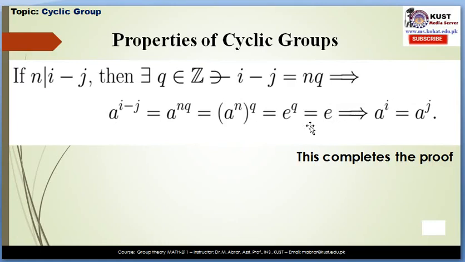Starting from here, if we compare this first step with this one, we can say that a^i is nothing but a^j, and we are done.